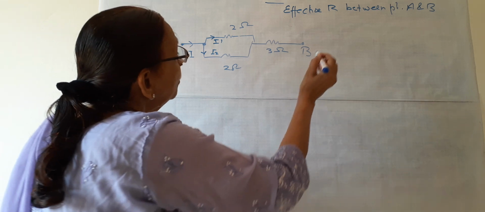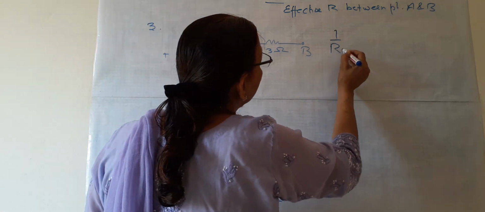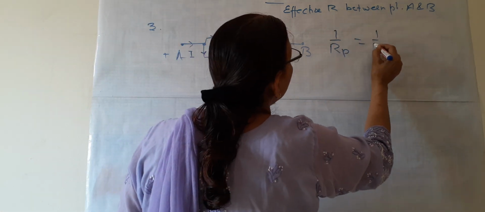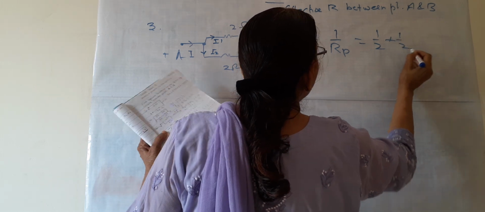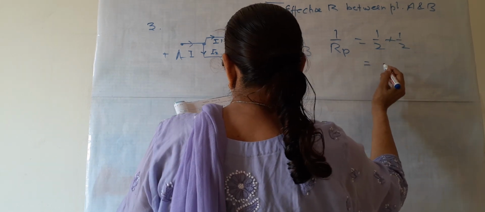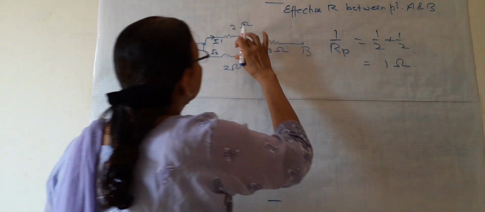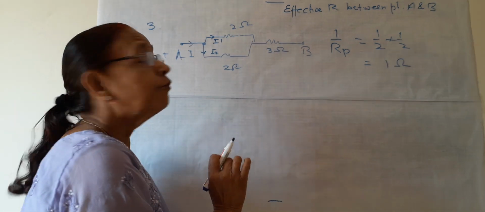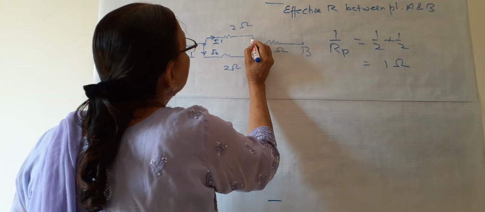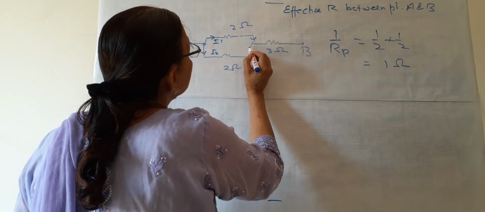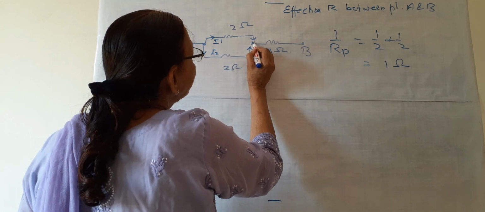So for parallel, we will calculate 1 upon 2 plus 1 upon 2. It will be equal to 1 ohm. So these two are 1 ohm. Now this I1 comes out from here, this I2 comes out from here.